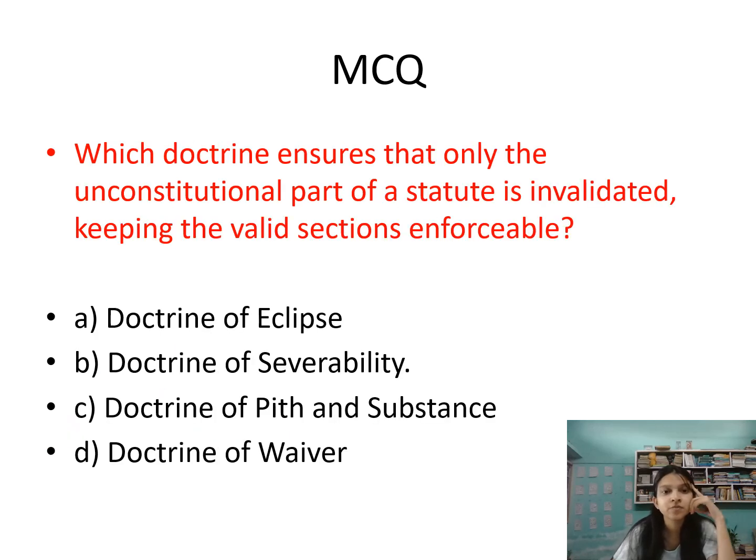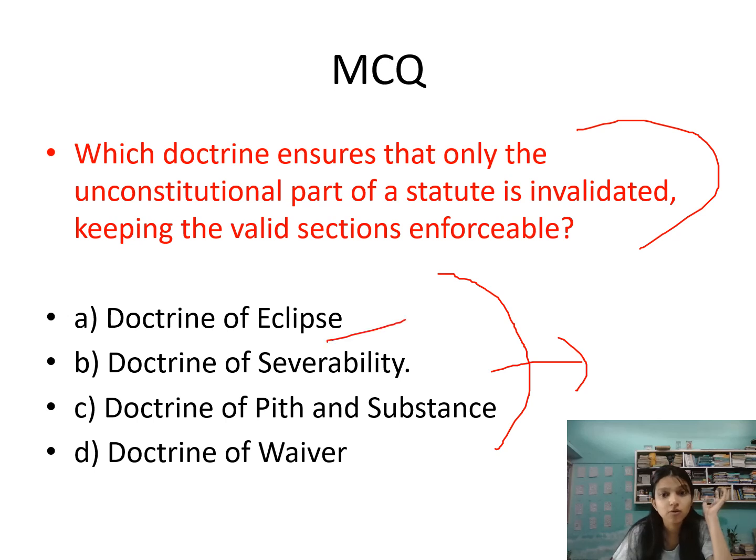The next we have, which doctrine ensures that only the unconstitutional part of a statute is invalidated, keeping the valid sections enforceable. So, in order to know the answer, we need to know all of the doctrines and what role they play. Eclipse is all about hiding. The doctrine of severability is all about separating.